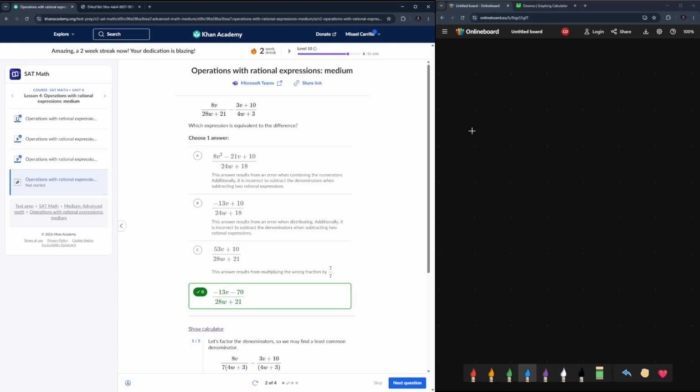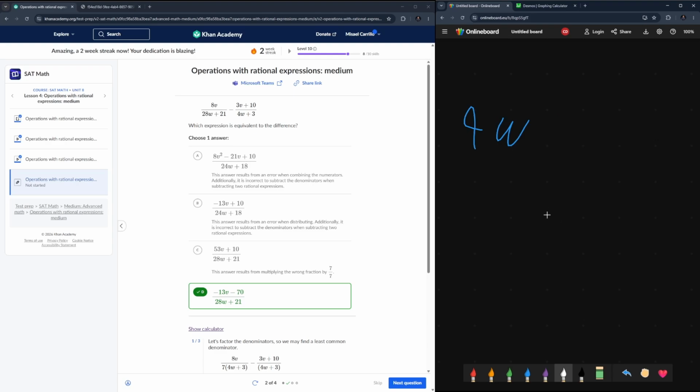And in order to add or subtract fractions, we know that we have to have the same number on the bottom, the same denominator. And then I realized that you could multiply the 4w and the 3 both times 7, and you would get the 28w, because 4w times 7 is 28w, and then 3 times 7 is 21.